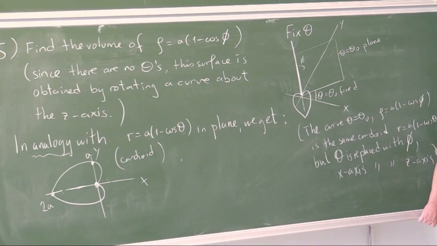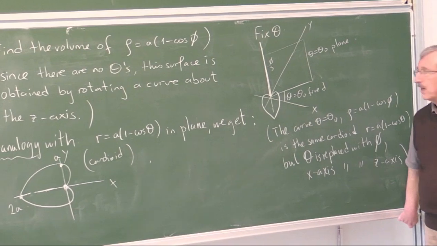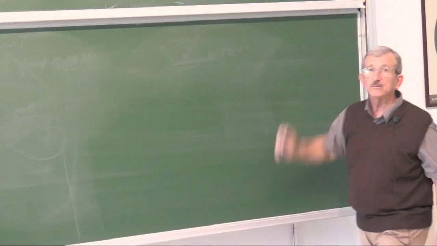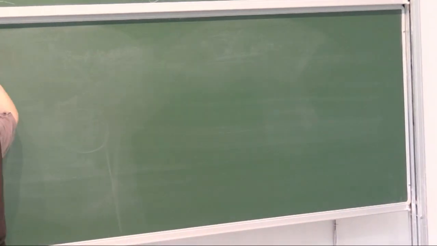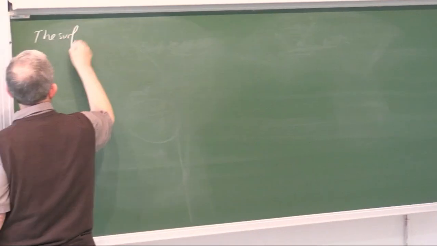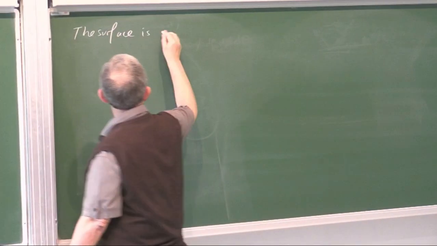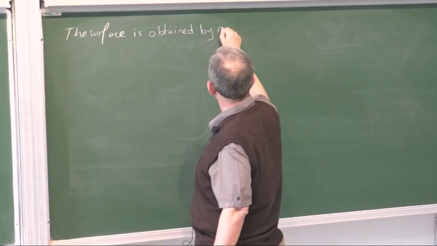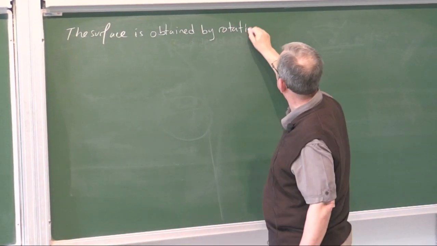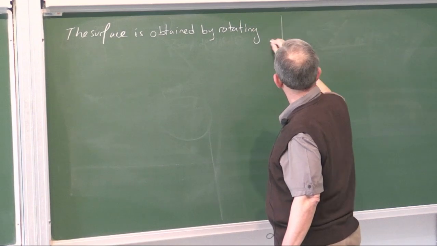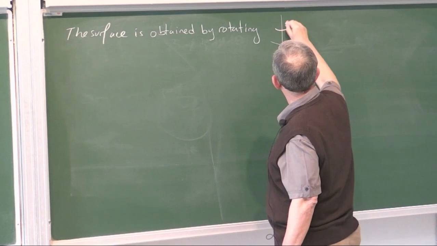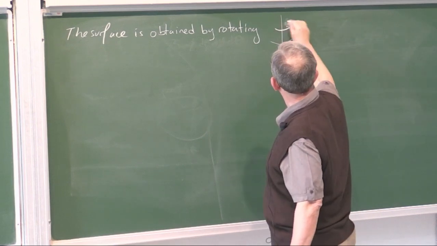Now the last argument: because there's no theta, you rotate it. So now the surface is obtained by rotating this figure, which is like this, about the z-axis.